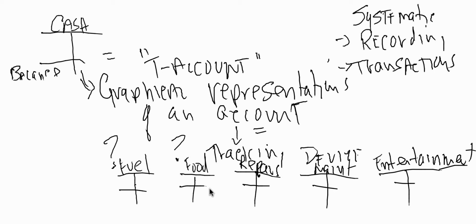So at any moment, I can tell you exactly how much food, how much fuel for every month, for a year. I can compare years. That's the beauty behind accounting: in any particular period, I can tell you how much I spent in fuel and food and repairs and so forth. So that's all an account is. It's a tracking device. We give it names for whatever we want to track.